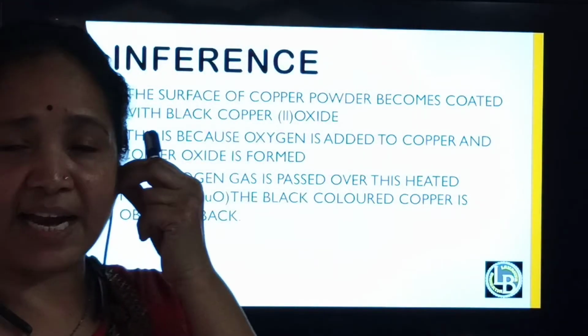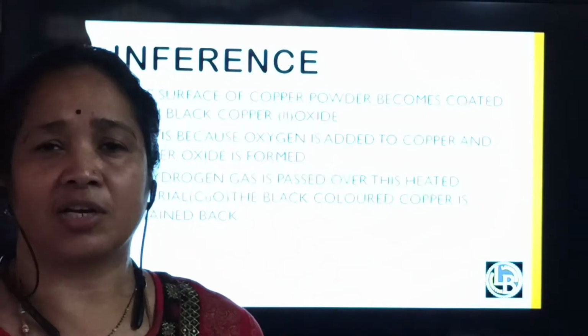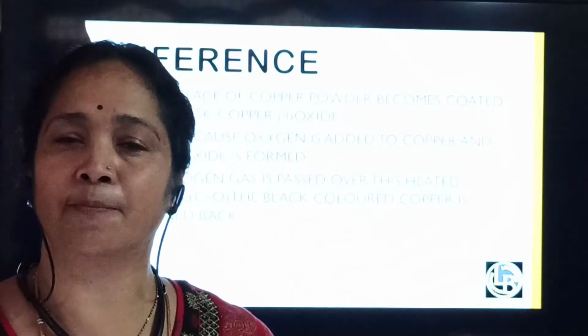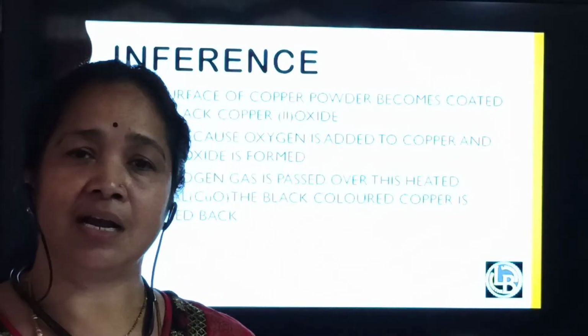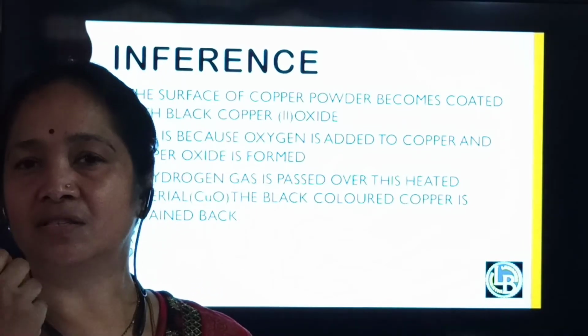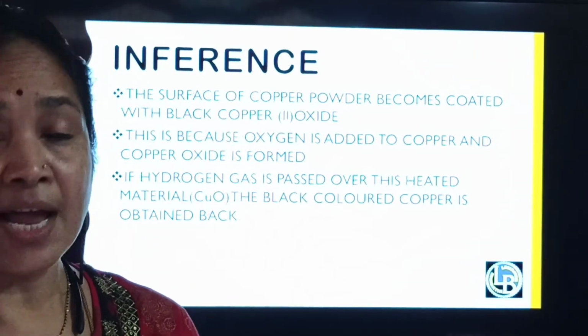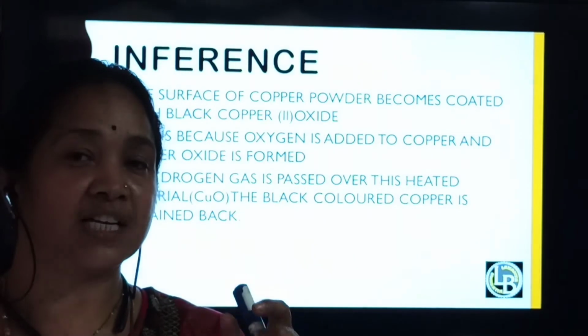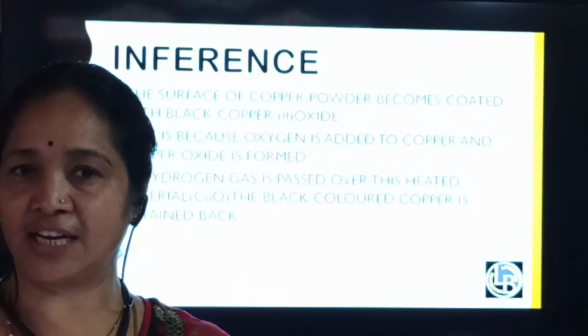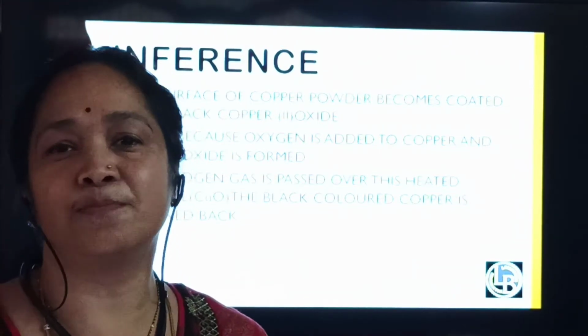Now, what is the inference? Once again, these are the answers for the questions put to you. The copper turned to black color due to the formation of copper oxide. And again, when copper oxide is put in a discharge tube containing hydrogen gas, it gets back its brown color.